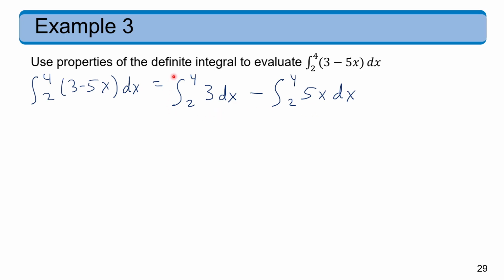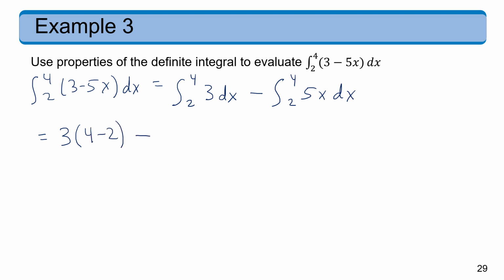Now the first integral here is the integral of a constant, and we had a property about that. We called it property 1. So it said the integral of a constant is just that same constant multiplied by the length of the x interval. Here we're integrating from 2 to 4, so to find the length you take the top value minus the bottom value, so that would be 4 minus 2.